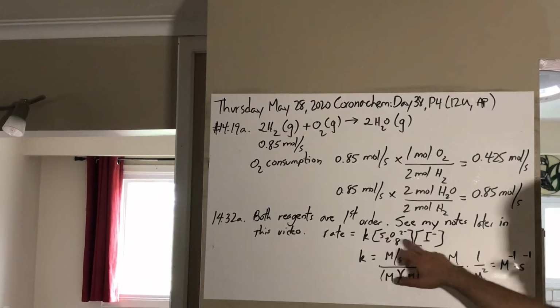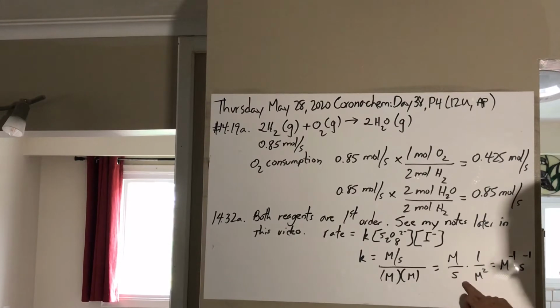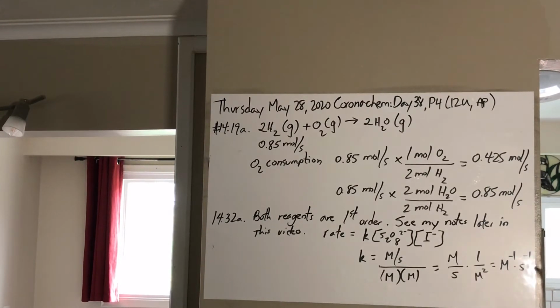The concentrations are in molarity. If you do the arithmetic, you get units of molarity to the -1, seconds to the -1 for the value of K.